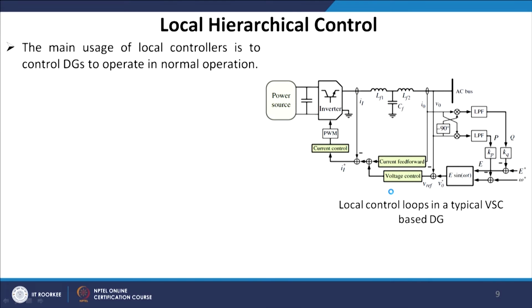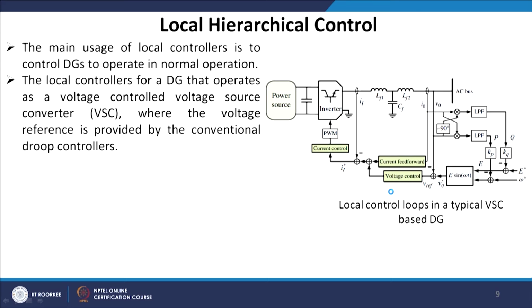Now, the main usage of local controllers is to control distributed generators to operate in normal operation. The local controllers are for a distributed generator that operates as a voltage controlled voltage source converter, that is VSC, where the voltage reference is provided by conventional Droop controllers.